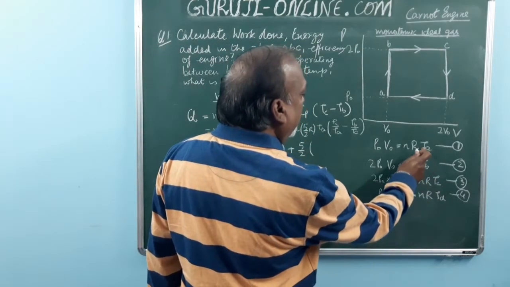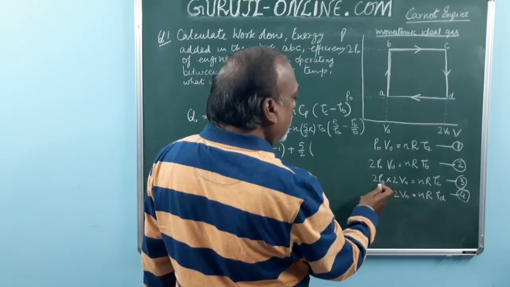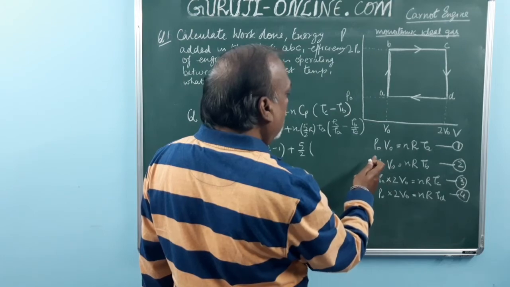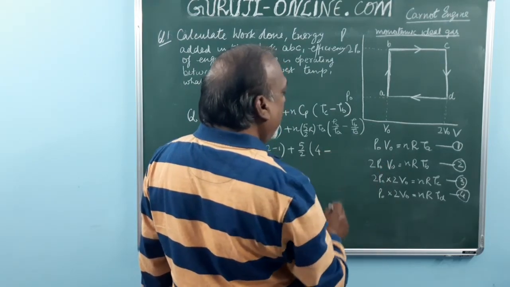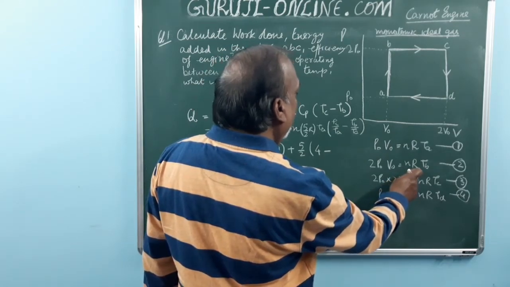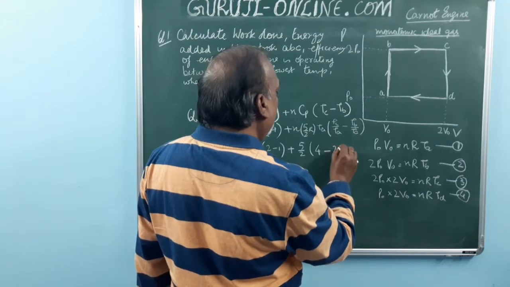TC upon TA will be 4, minus TB upon TA, that will be 2.